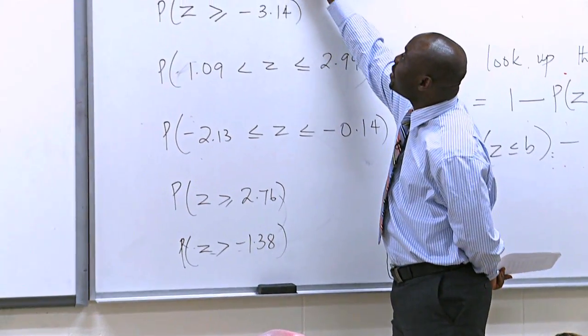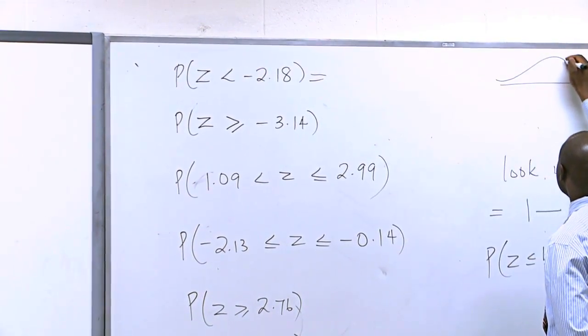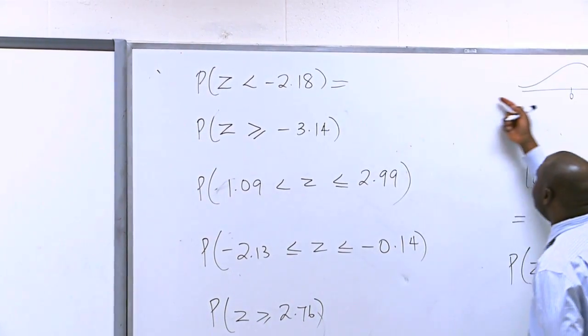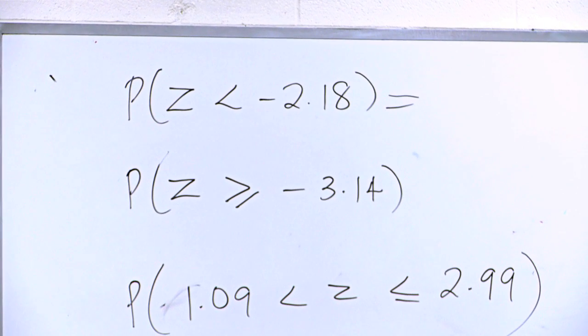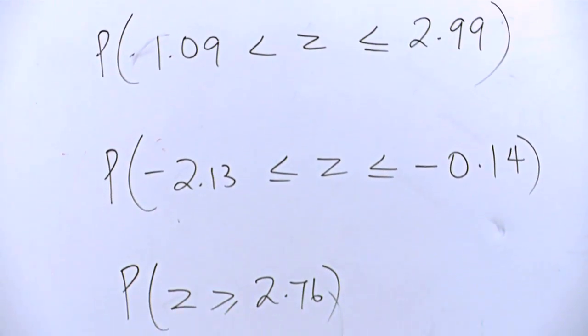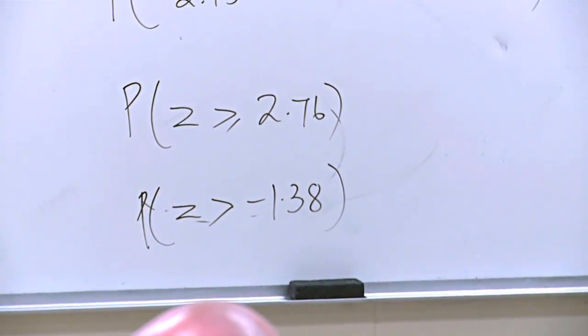So, give me the answer to this one. First, you can draw it. This is 0. Negative is going to be to the left of the 0, negative 2.18, and then you can shade it so you know the area you are looking for. Do we have to do that? Not necessarily, but you must know it.